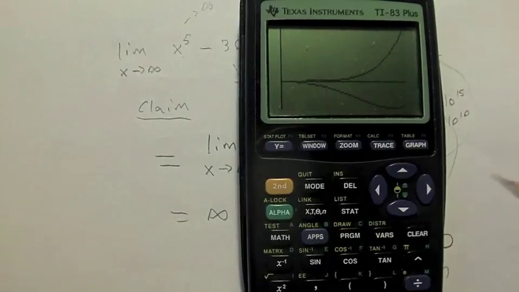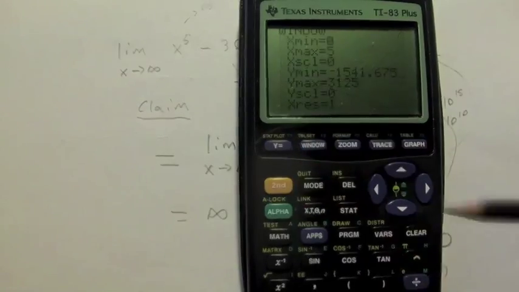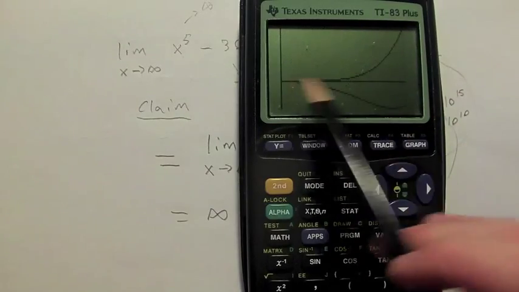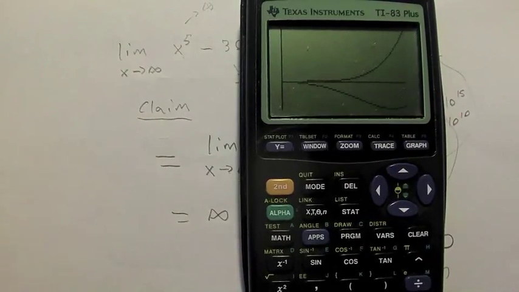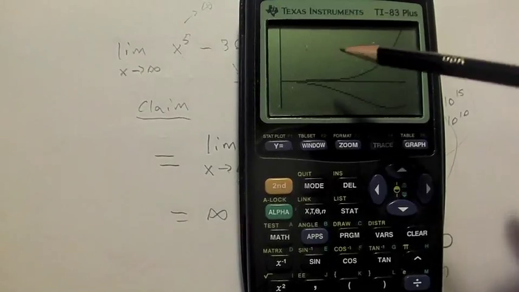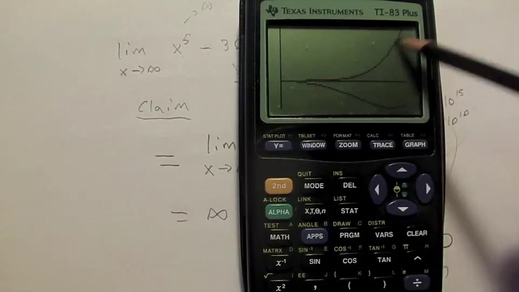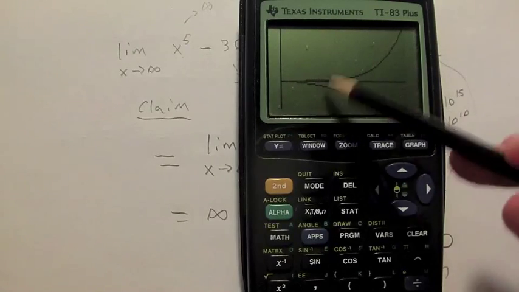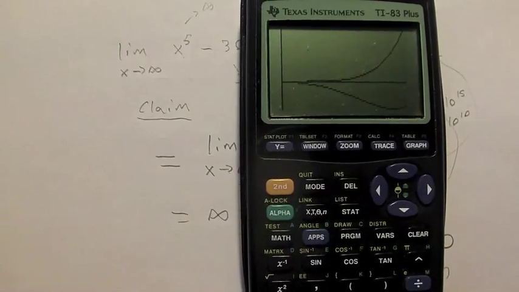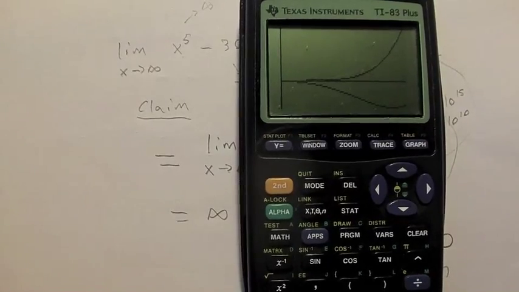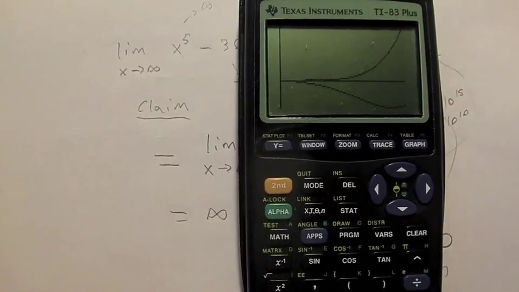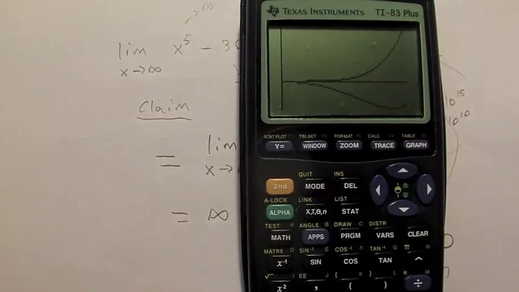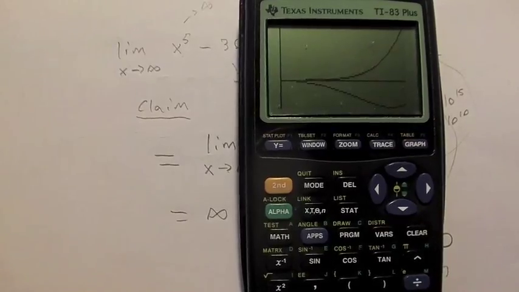As you can see, what was the window again? 0 to 5 on the x, right? So 0 to 5, you can see there's not much to see at the moment. But x to the 5th is always going to be positive when x is positive, but we see here that the negative 30x cubed, the negative 10x squared, the negative 100x are actually pulling the function down into the negatives at this point, right?